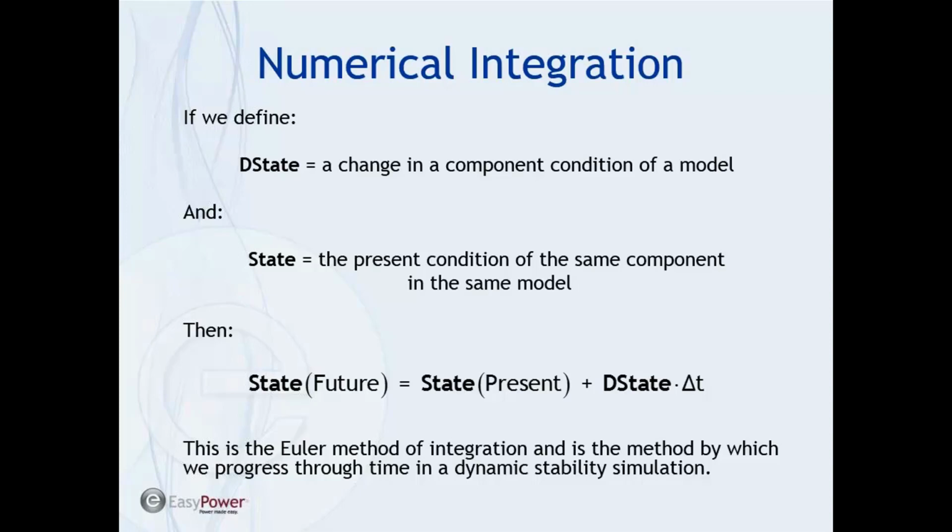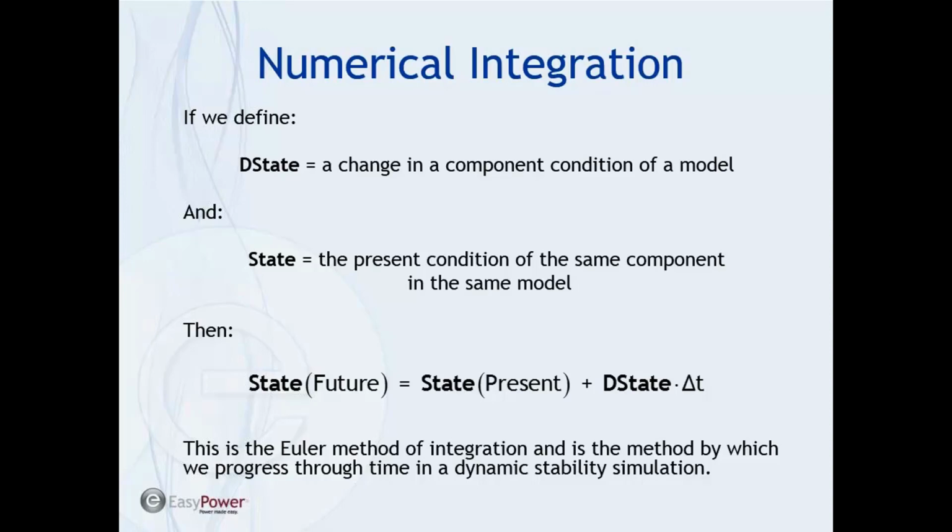This is kind of his method of presenting numerical integration. If we have a D state, that is a change in a component condition of a model. So it's a measure or a calculated number of what's changing.